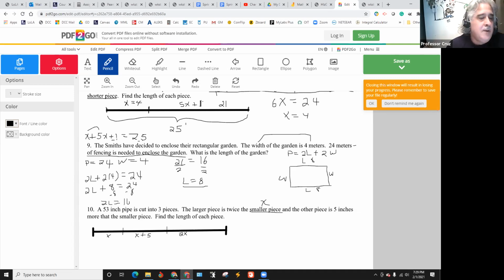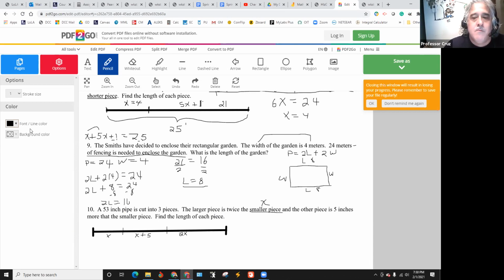All right, does that make sense? You got the smaller piece is X. The larger piece is twice the smaller piece. And then the 3rd piece is 5 inches more than the smaller piece. So it's X plus 5.